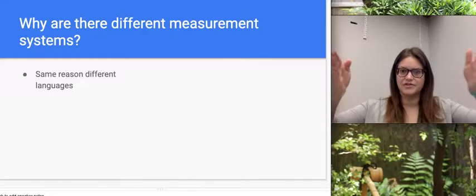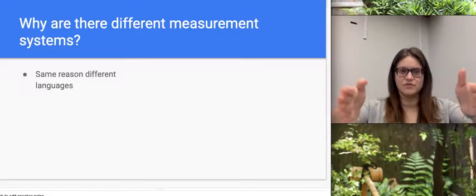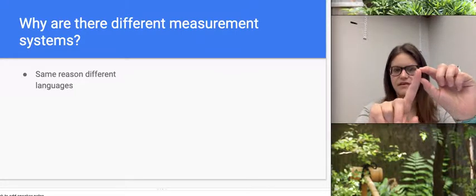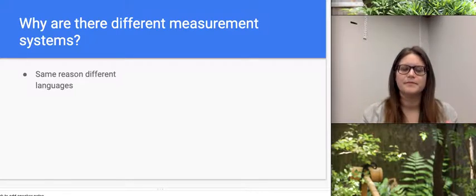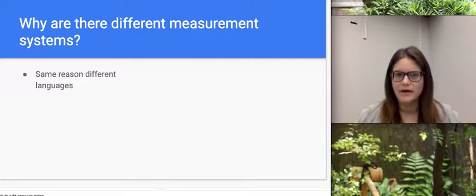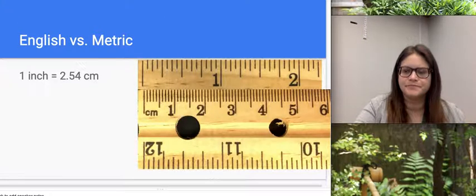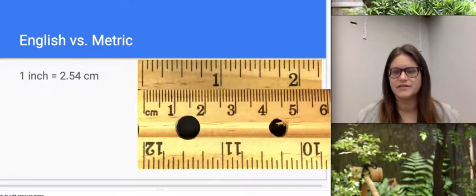But a foot was meant to be the size of his foot, and an inch was meant to be the size of this part of his finger. Everybody used to be the same, and then other cultures developed other ways of measuring those things. Different places are going to develop different ways of communicating about things.